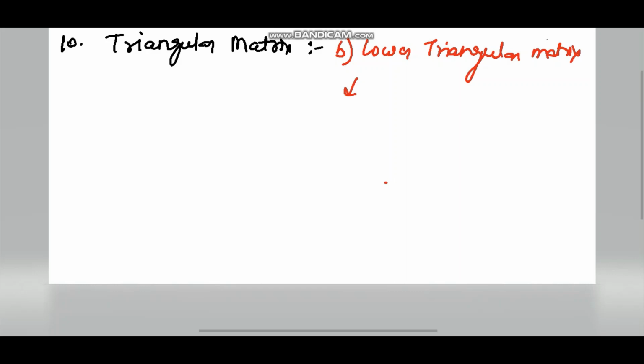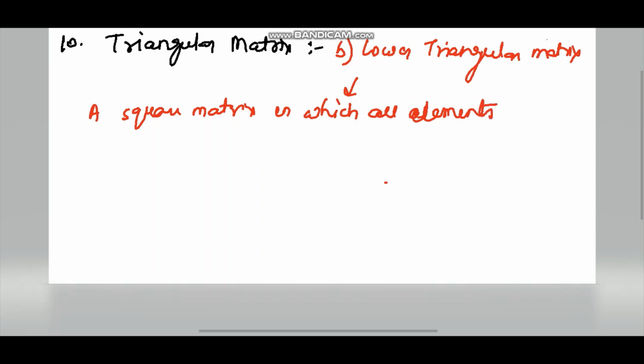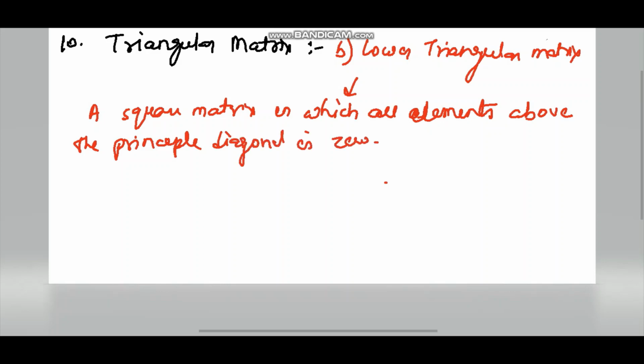What is a lower triangular matrix? A square matrix in which all elements above the principal diagonal are 0.